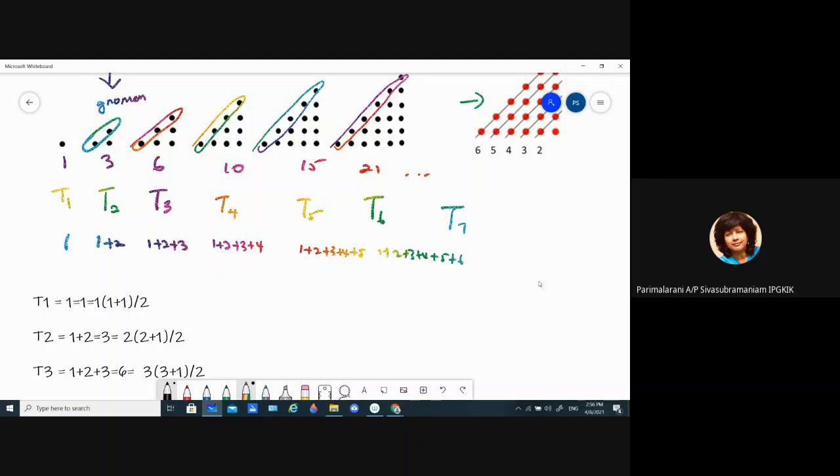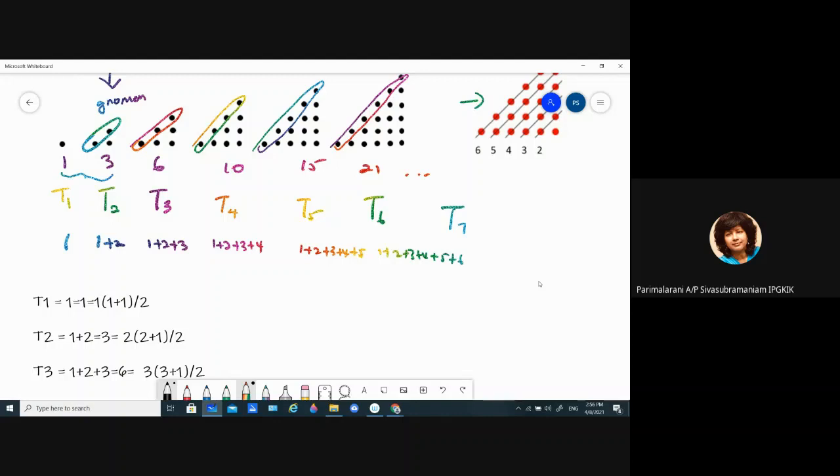If you notice, there is a pattern in these triangular numbers: 1, 3, 6, 10. What's the pattern that we see here? The sum of two consecutive triangular numbers always results in a square number. When you add 1 and 3, you get 4, which is a square number, 2 squared.